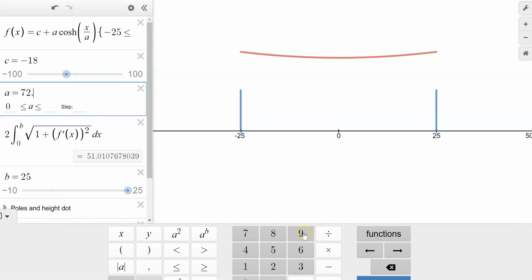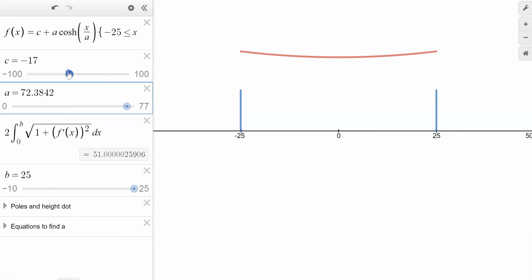So point 9, too far, 8, too far, 7, too far, 6, too far, 5, too far, so it's got to be 4. And then the next one would be too far, 2. There it is. 72.3842 is the length that we should have.